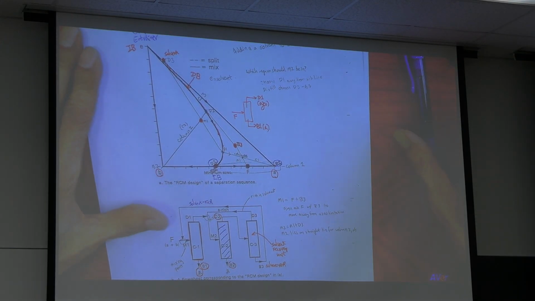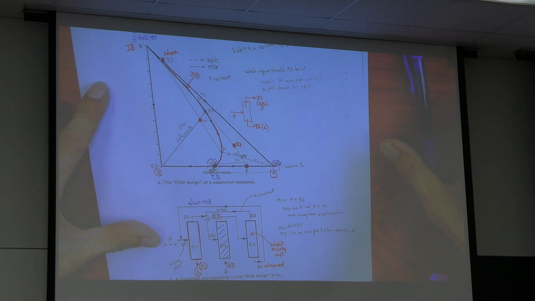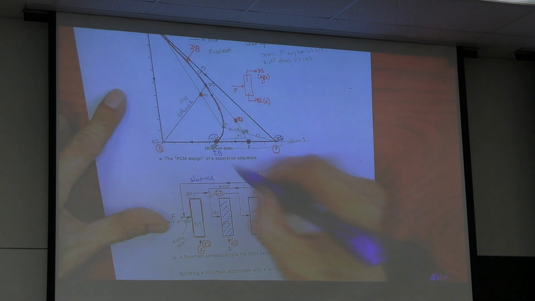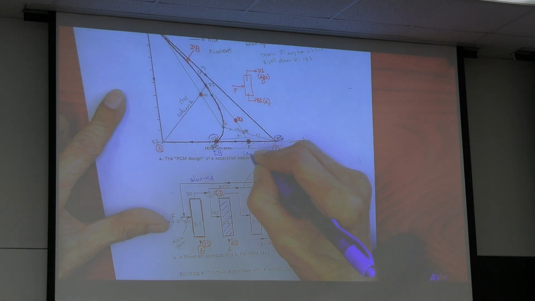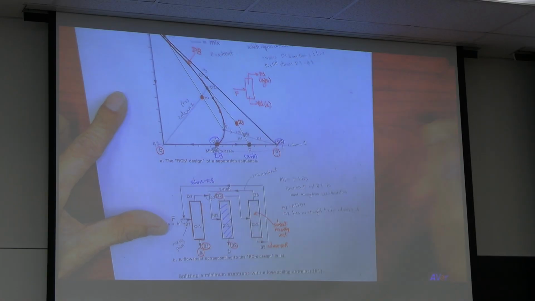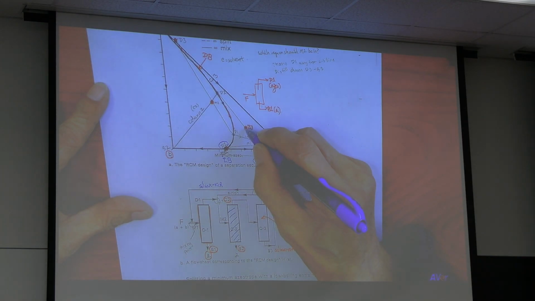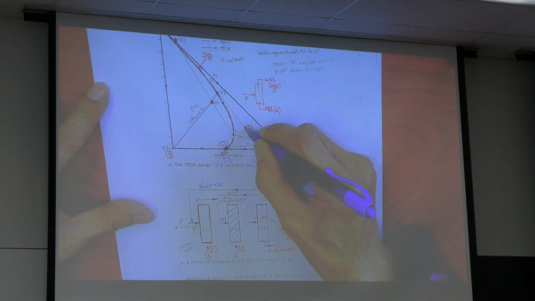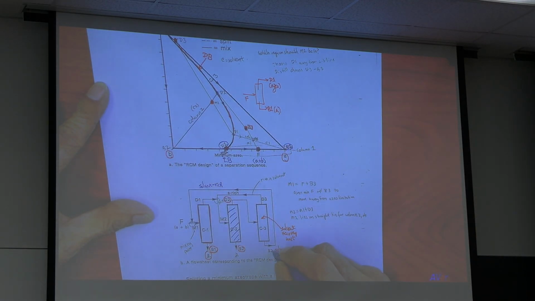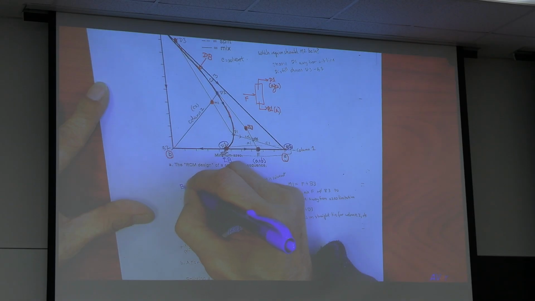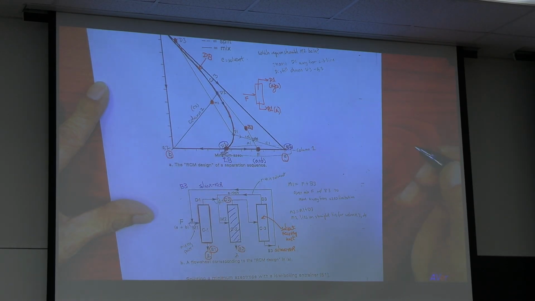So, the way you do it, original feed is A plus B. This point is trick number 1. Trick number 2, this B3. Okay?